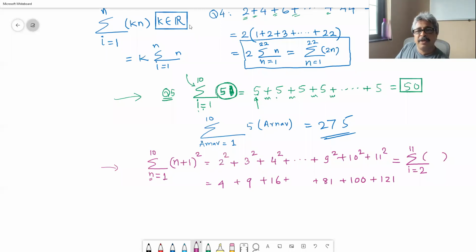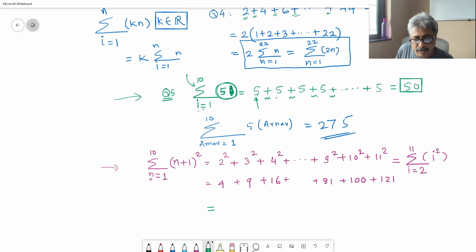The answer is i square, because when i is equal to 2, 2 square is our first term. When i is equal to 3, second term, and the last term is 11 square. Correct?